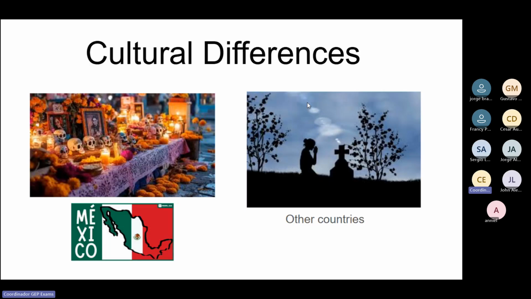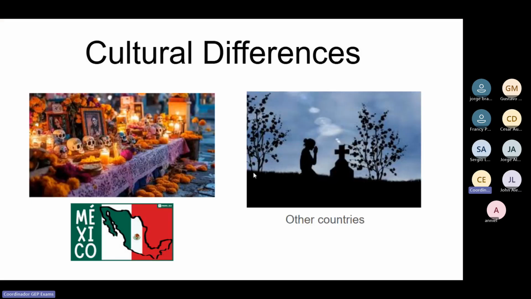Okay, so let's ask Sergio. What do you think is the best perspective to understand it? Is this one better or is this one better, in your opinion?